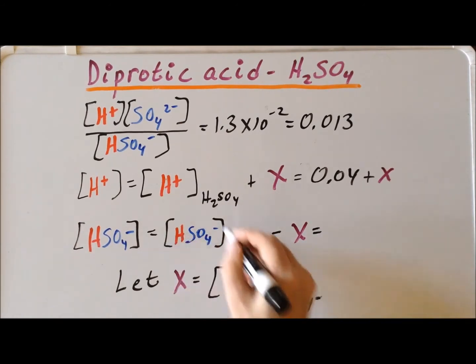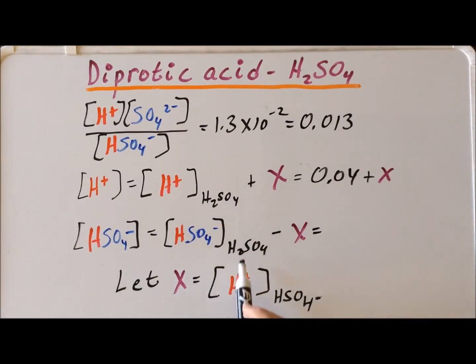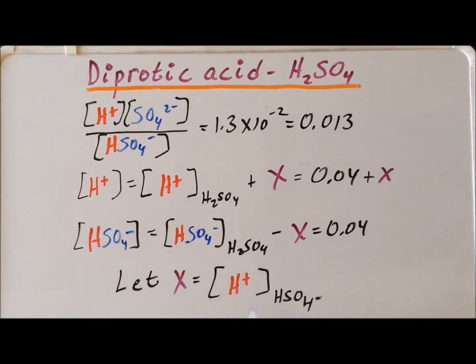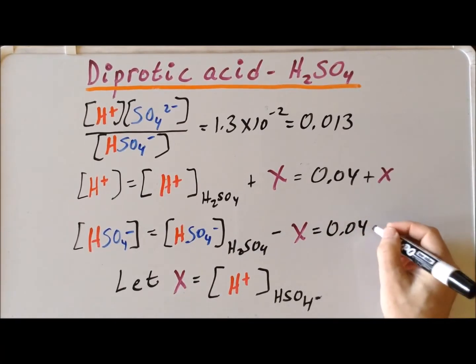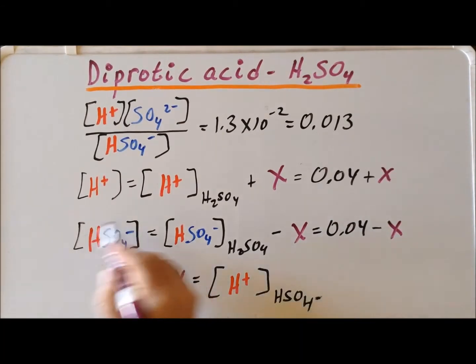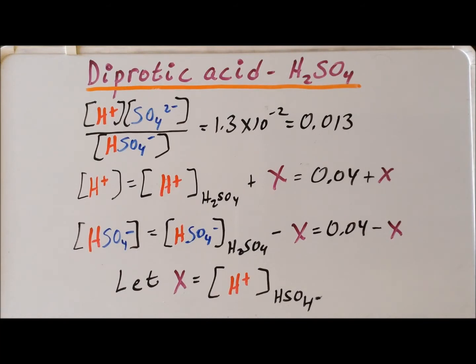We know that the concentration of bisulfate ion that was formed from the dissociation of sulfuric acid at the first step was 0.04. That was easy because sulfuric acid for the first ionization is strong, minus x. So the total concentration of bisulfate ion is equal to 0.04 minus x.